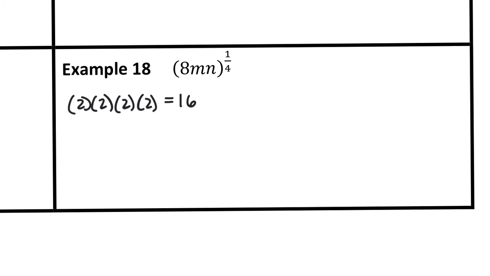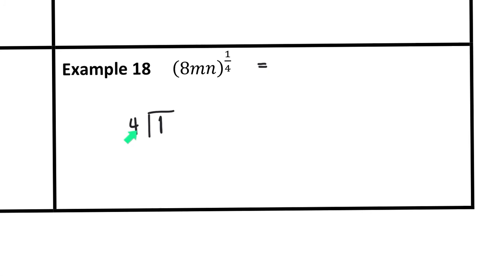So all we're going to do for this one is just rewrite it in radical form, because also with the 1/4, you can't divide that. You can't do long division, right? If I try to divide 1 by 4, 4 cannot fit into 1. So that's another thing that keeps us from doing what we've been doing.